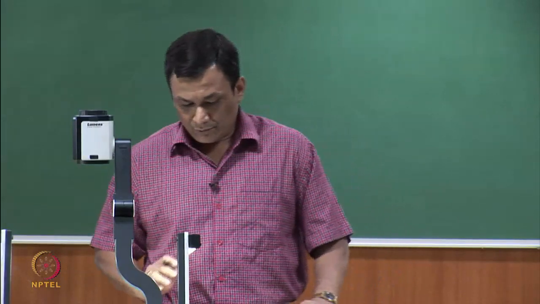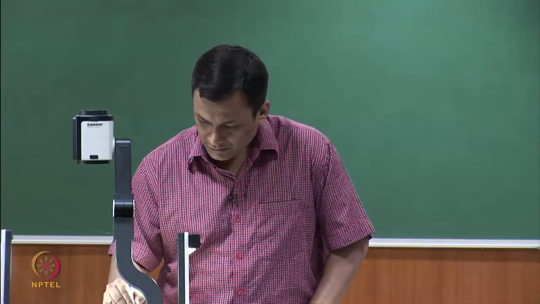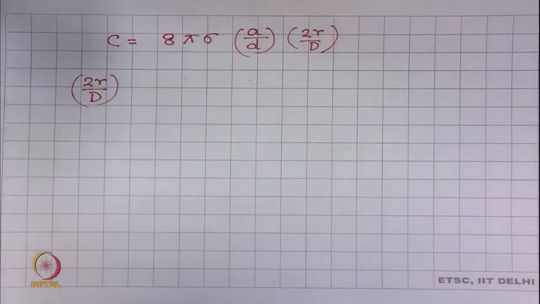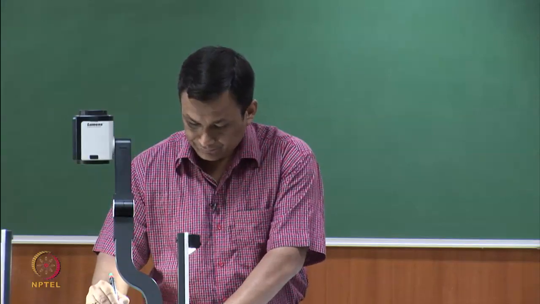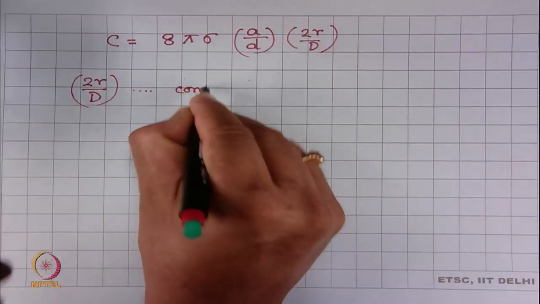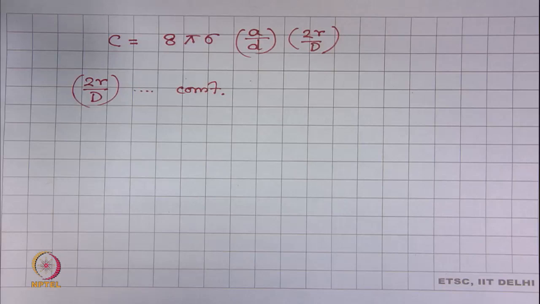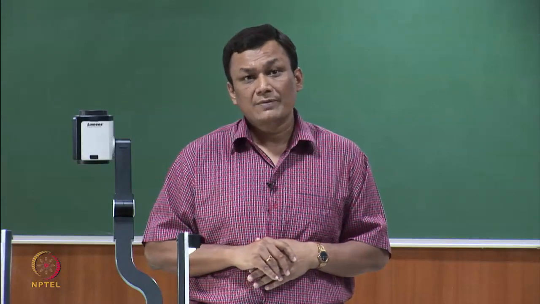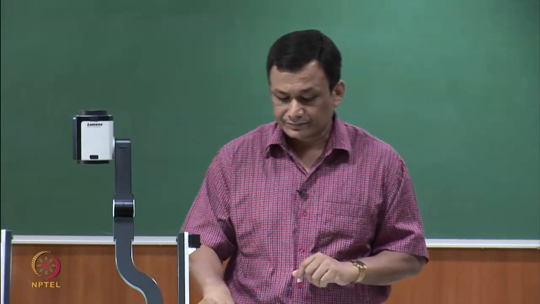Okay. Now, what is this 2 r by d? 2 r by d, we assume it is constant, because if d is increasing, let us assume r is also proportionately increasing. If d is decreasing, then r is also proportionately decreasing, so that this 2 r by d remains constant.